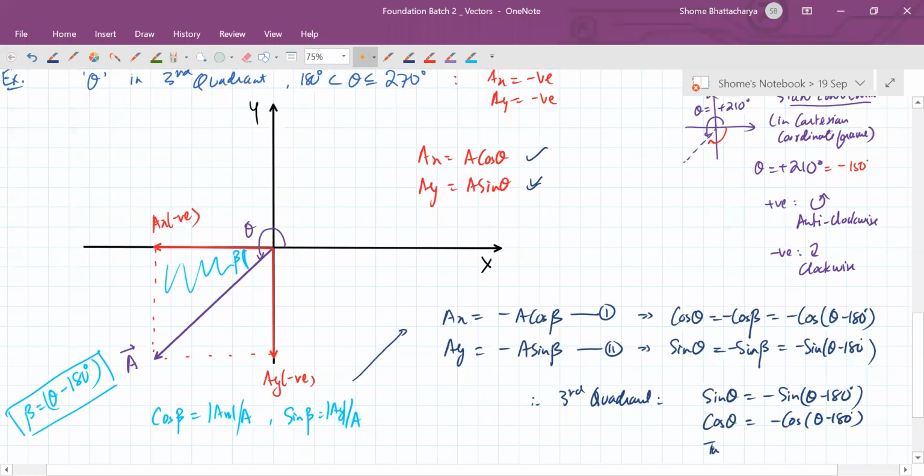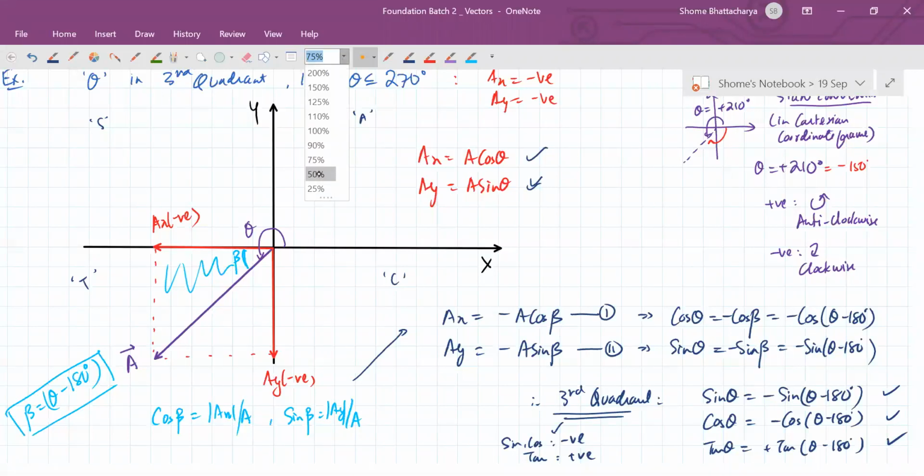And tan theta therefore becomes positive because it's the ratio of these two. Okay. So the third quadrant's property is that sine and cos are negative, whereas tan is positive. So that's part of your ASTC rule. All sine, tan, cos, that rule. And these become the formulae. These three formulae are the formulae that we use for calculating sine, cos, tan whenever theta lies in this range, that is, it's in the third quadrant.